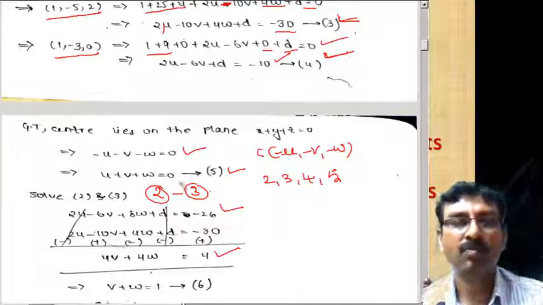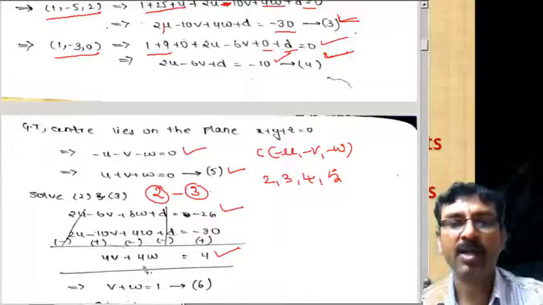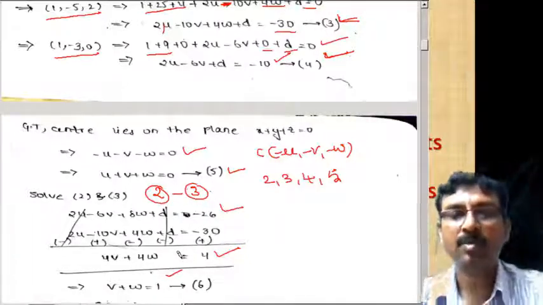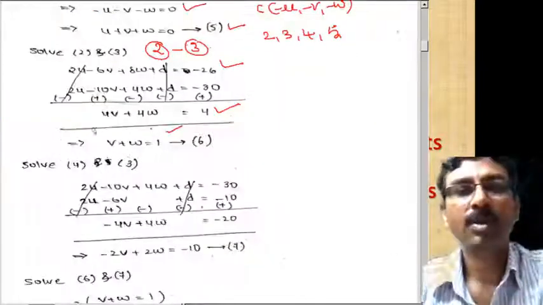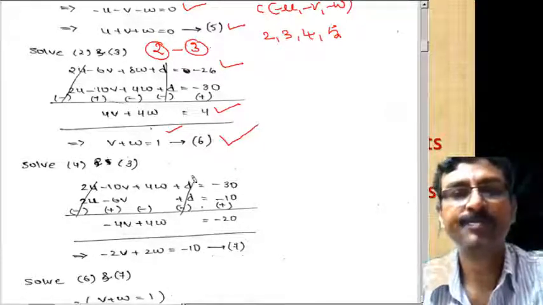So taking 4 as common on both sides and cancelling, we get v plus w equal to 1. So we get a new equation having v plus w equal to 1, that is equation 6.